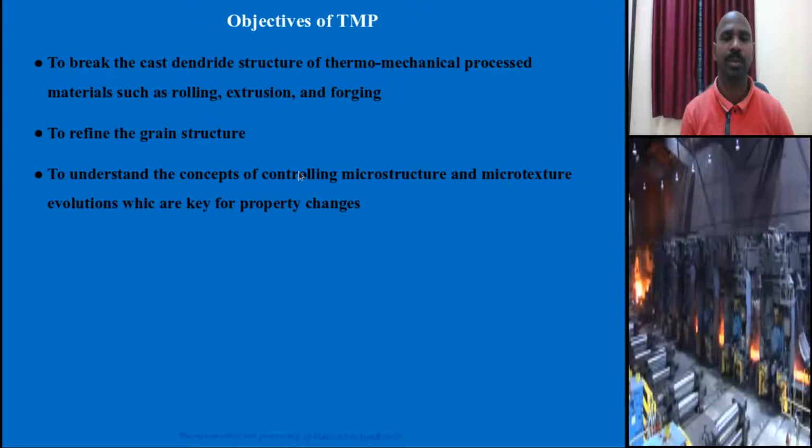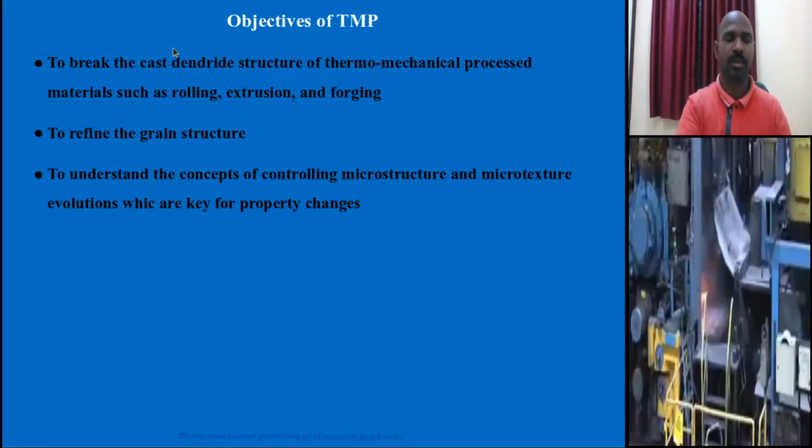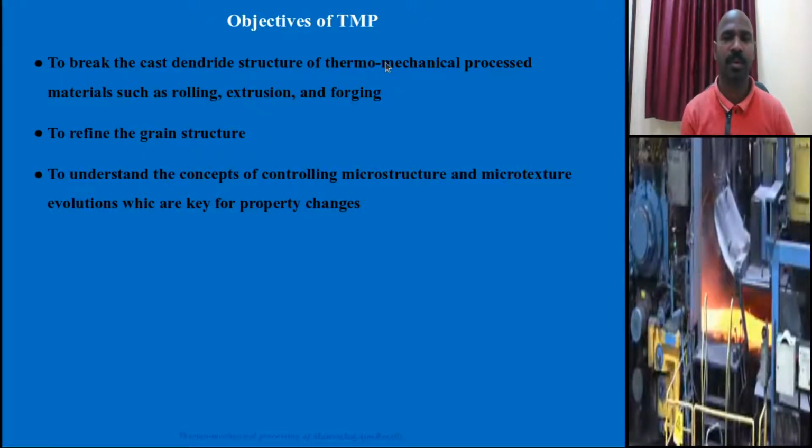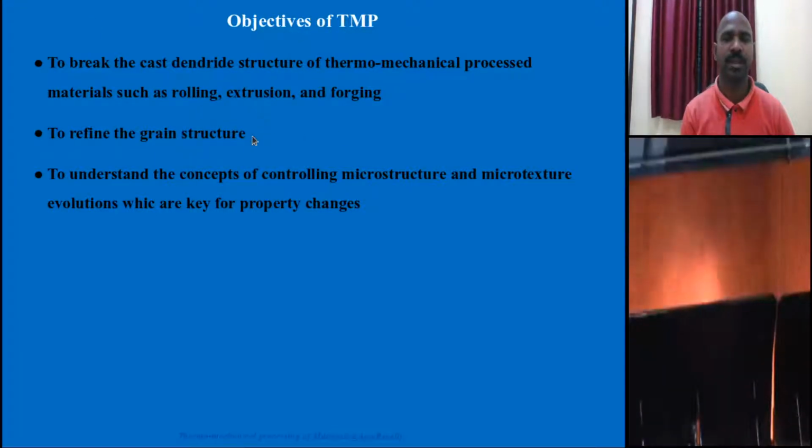What do you mean by refining the grain structure? As-cast material has a larger grain structure; after the TMP process the grain size is reduced, the grain size is refined.